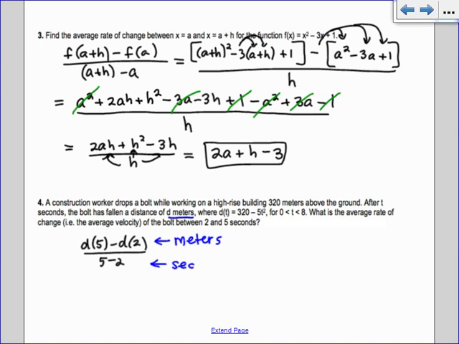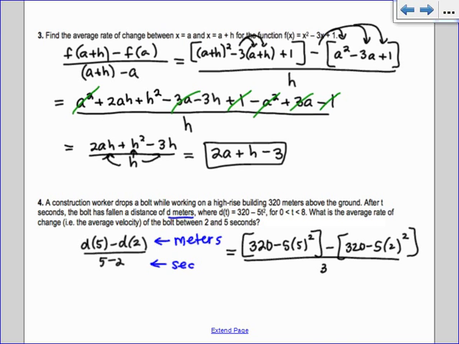The average velocity. Okay, so we find each of these things. So we find d of 5, so we do 320 minus 5 times 5 squared minus d of 2, which is 320 minus 5 times 2 squared, all over 3.